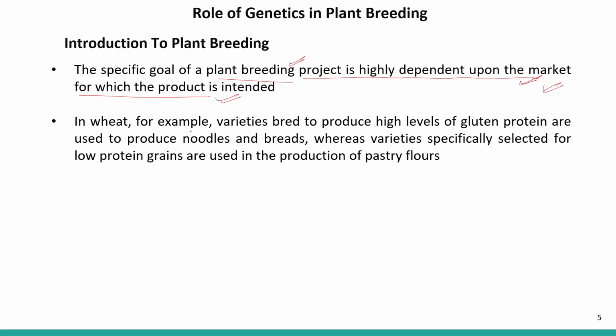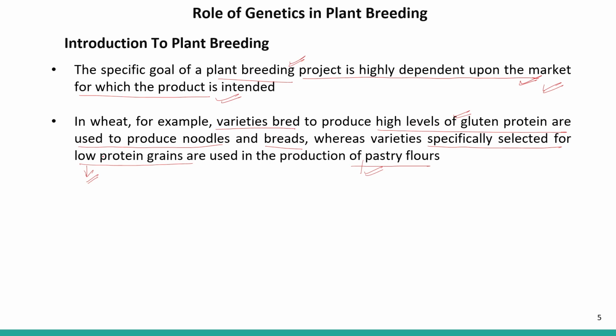For example, in wheat, varieties bred to produce high levels of gluten protein are used to produce noodles and breads, whereas the varieties specifically selected for low protein grains are used in the production of pastry flours.